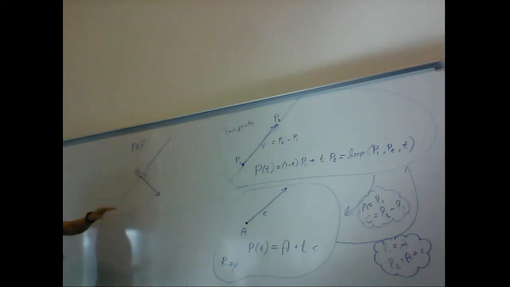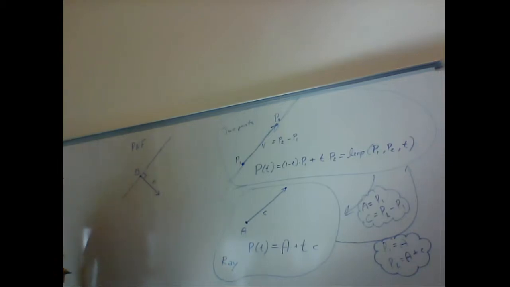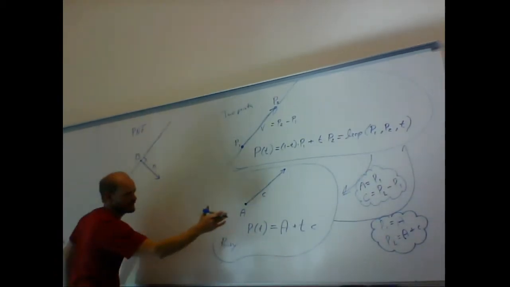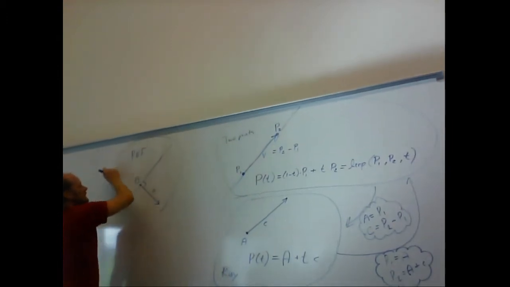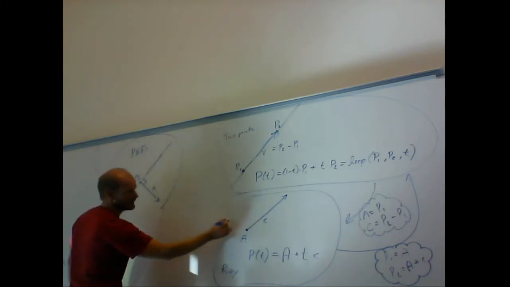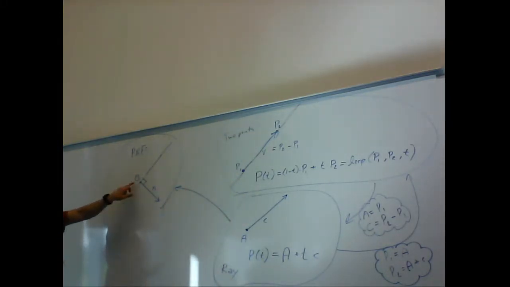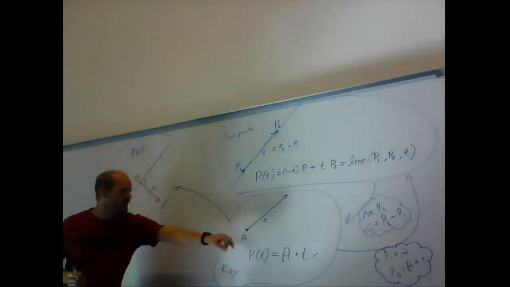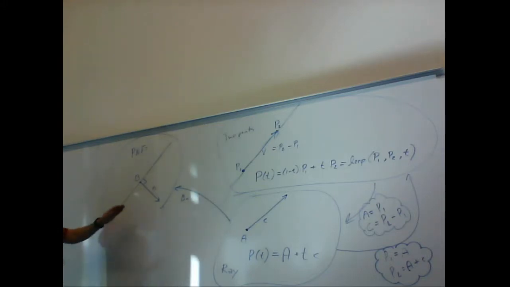So in 3 dimensions this becomes a plane, but the point normal form is the same. So now, in 2 dimensions, I have B and I have the vector n. And now my question is, if I want to go from the ray form into the point normal form, I need to find B and I need to find n, and I have A and C. So what would B be? B is basically just any point on the line.